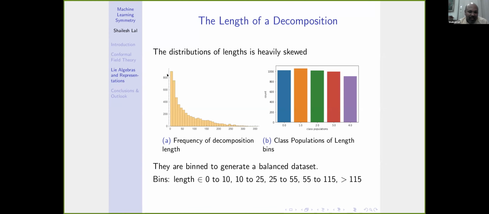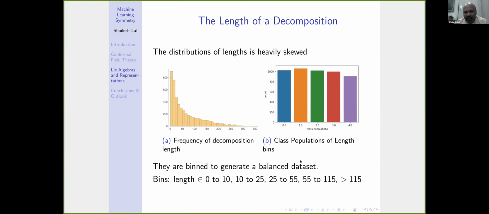These kinds of distributions are usually not very good for machine learning. So it's better to reorganize and bin them so that you have a balanced data set. So we set up some cutoffs on the length of the decomposition so that the class populations are roughly equal.